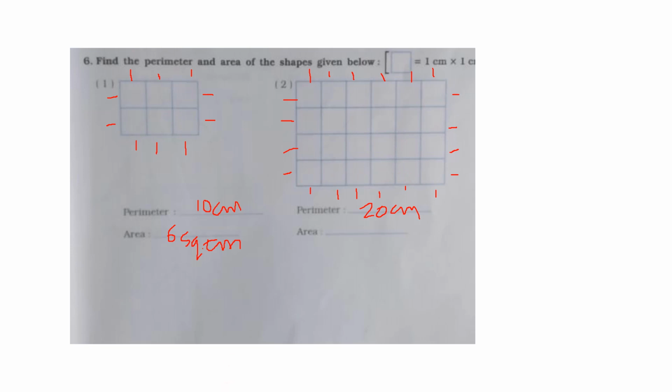So you can write here 24 square centimeter. It's clear? In the same way, you can complete the rest yourself. Question number 3, 4, 5, 6. It's very easy only, so you can do it yourself. All the 8 sums. Okay.